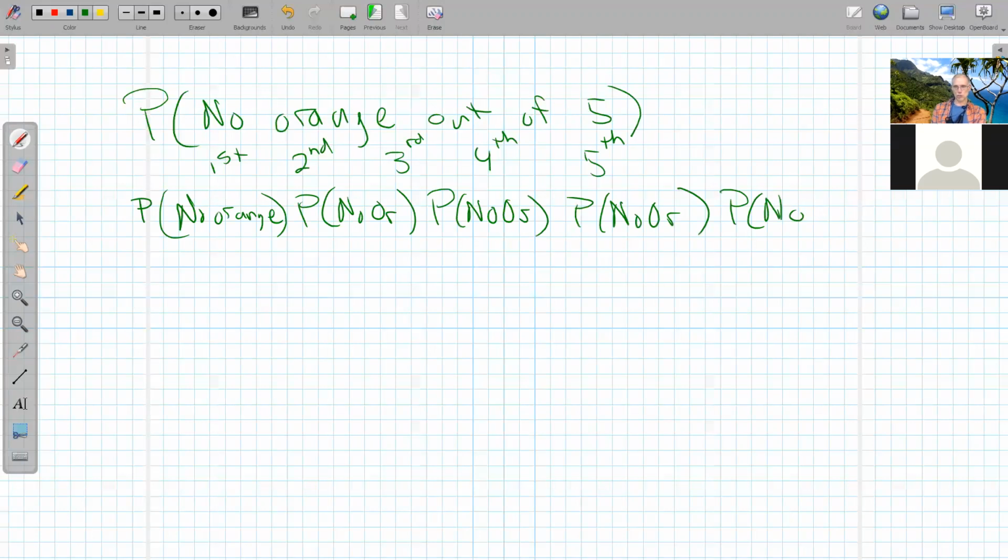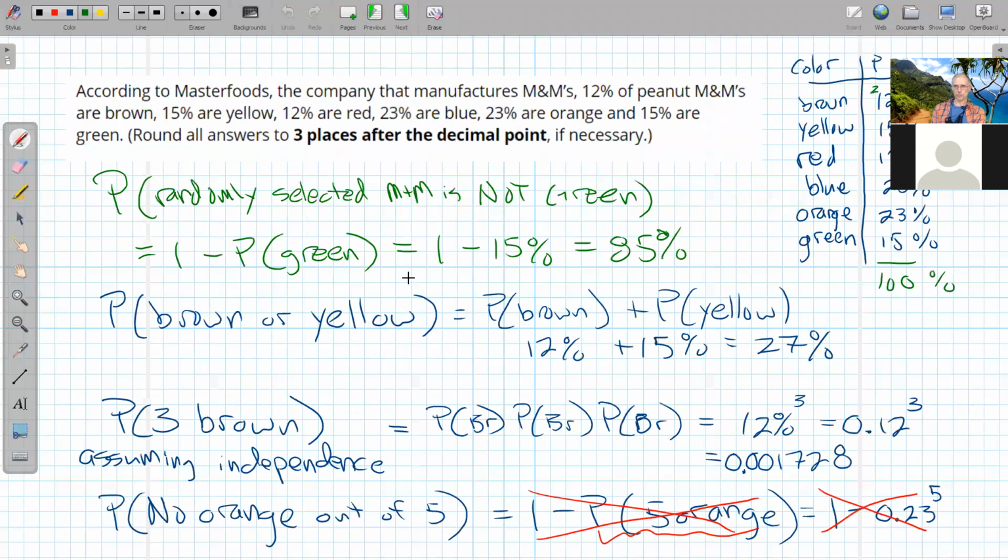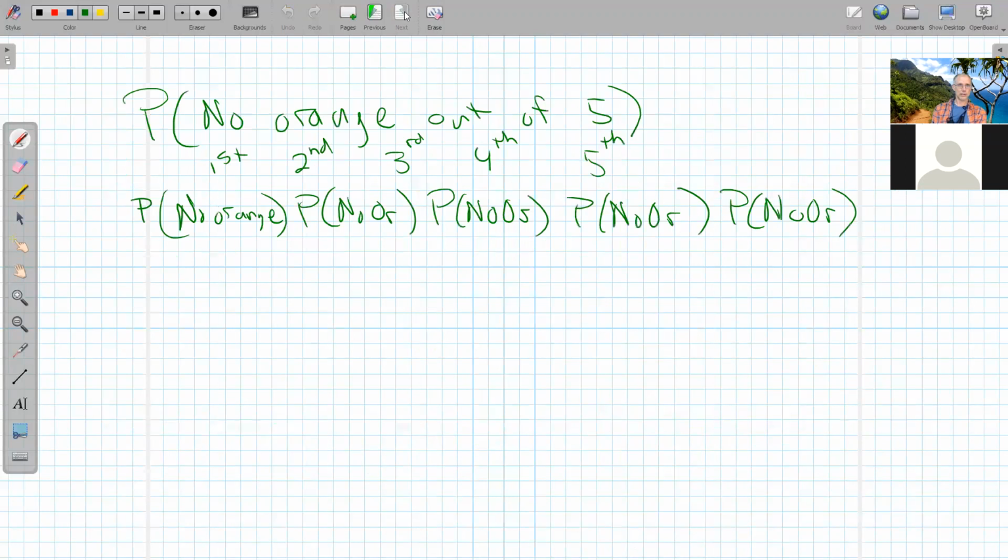So now I just need to know what the probability of getting no orange once is, and then I need 5 of those multiplied. So if we look back at our probability table, orange is a probability of 23%. So not orange would be 77%. So each of these is 77%. And I have 5 of them multiplied out, so that should be 77 to the 5th power for no orange.